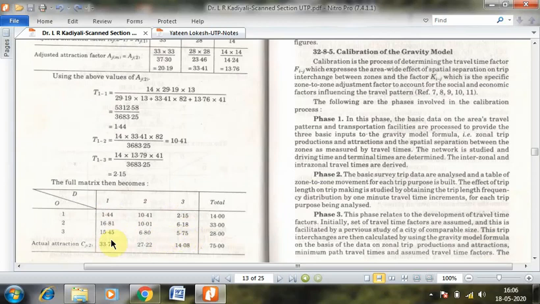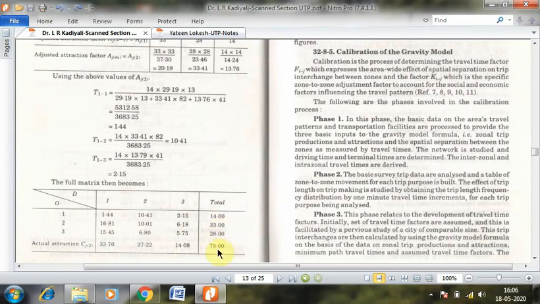Now the new actual attractions, that is Cj2, will be the summation of all these, which is 33.70. Similarly, summation of all these would be 27.22 and summation of all these would be 14.08. Again, if you sum up these, you will see that these are the attraction values for zone 1, zone 2 and zone 3.